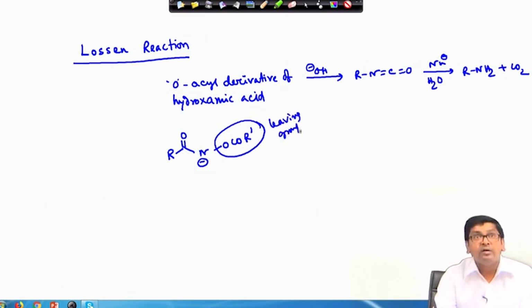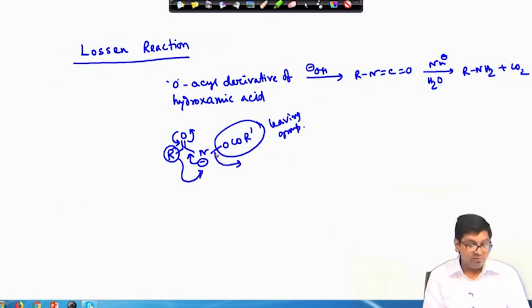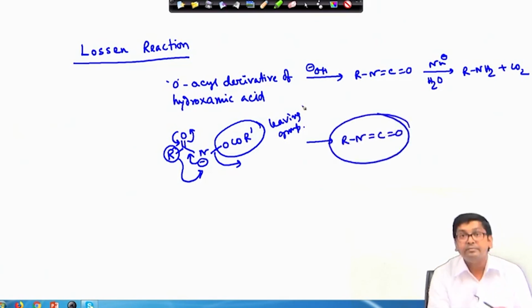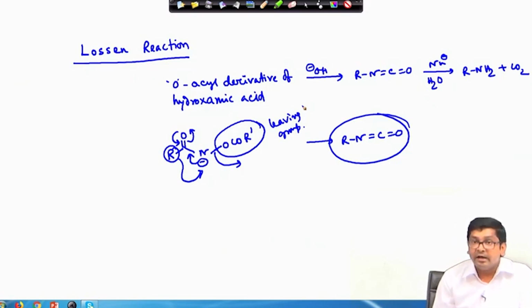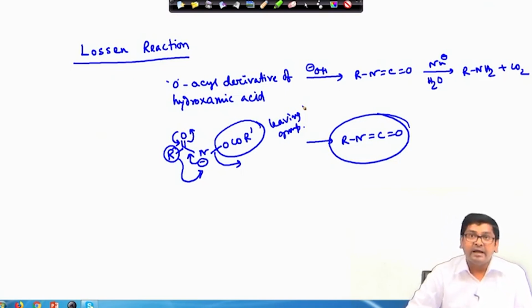So, in this case also these 1,2 migrations can happen to give the leaving group as the O-acyl derivative, and it will generate this isocyanate derivative. Fine. So, whatever we have seen, the Curtius, Hofmann and Lossen, are basically the same mechanism where this 1,2 migration is very important, as it happens in the case of the Wolff rearrangement in carbene.